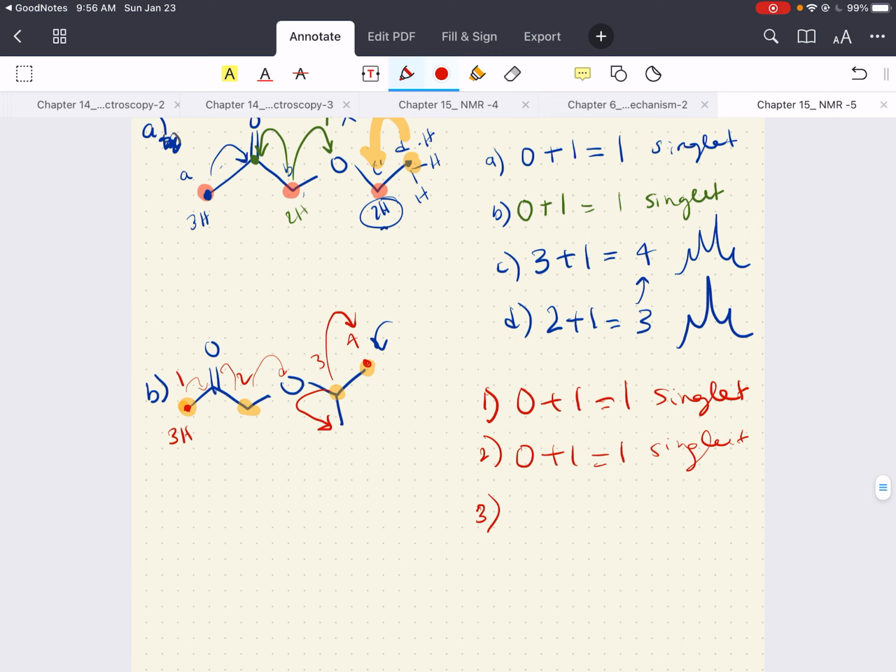This hydrogen at position 3 has 6 neighboring hydrogens, so it's going to appear as a septet, 7 peak splits. Alrighty, let's look at 4, I'm so sorry. 4 only has 1 neighboring hydrogen, so it's going to appear as a doublet.